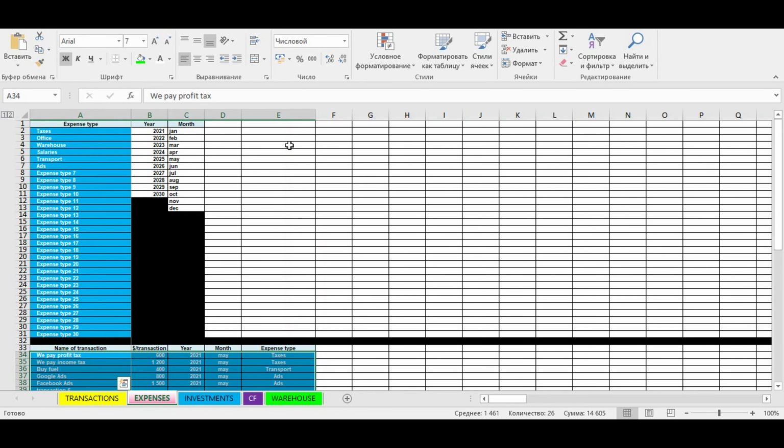So you can here name your types of expenses.